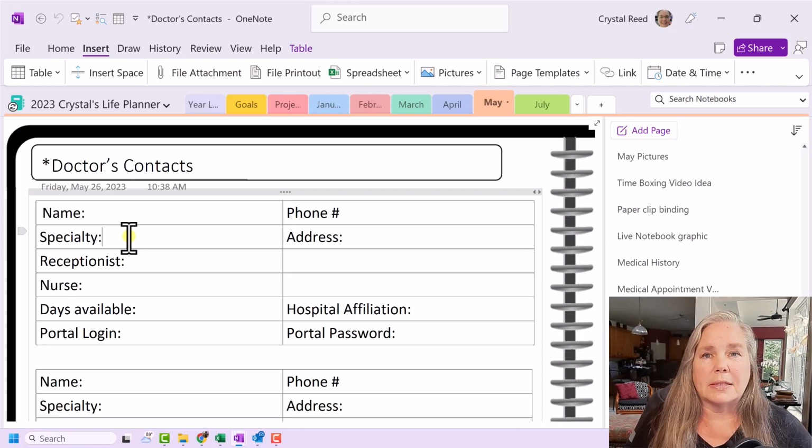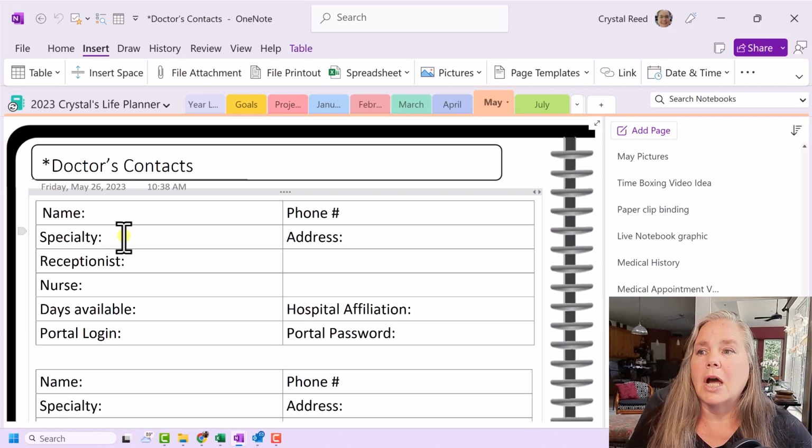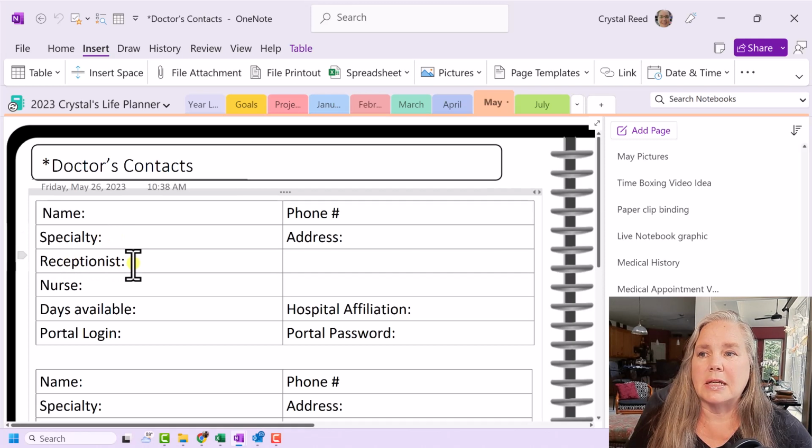If you're someone who has lots of medical issues, you might want to do one page for doctor's contacts and then a separate page for those lab and supporting offices that you might go to for those various other things, okay?